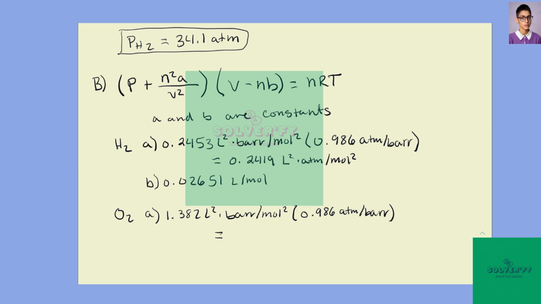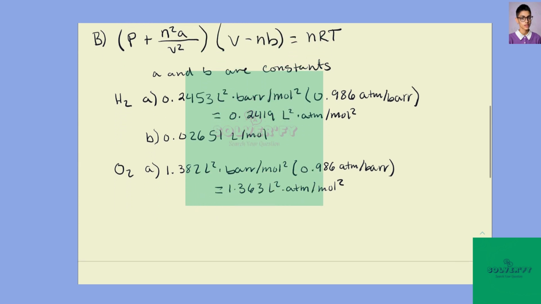So our A value is going to be 1.363 liters squared atmosphere per mole squared. And then our O2 B value is going to be 0.03186 liters per mole.